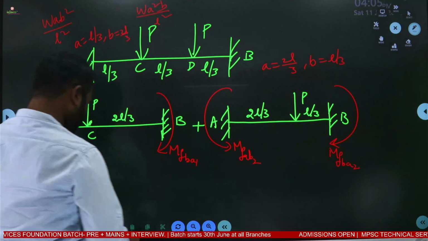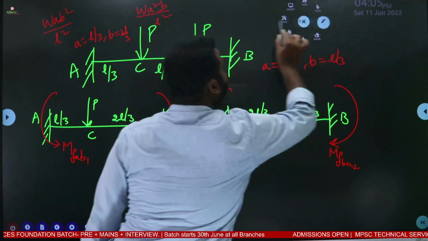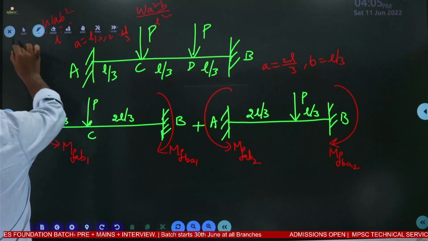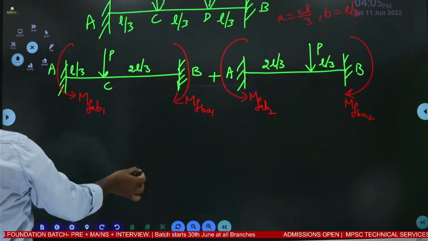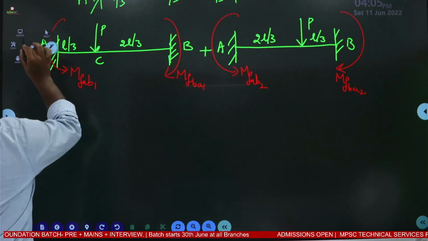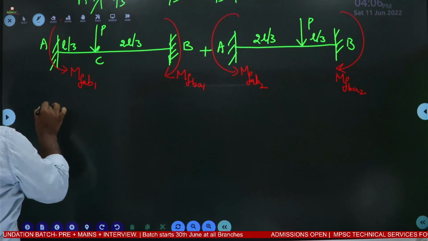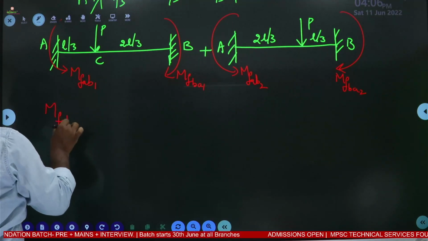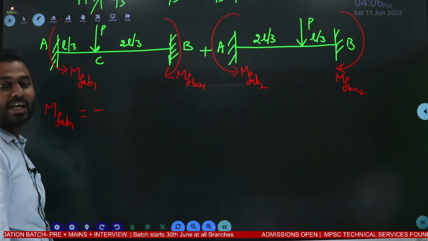So how to calculate it? How to calculate MF AB1? MF AB1 is equal to minus. Why? Because minus means anti-clockwise.